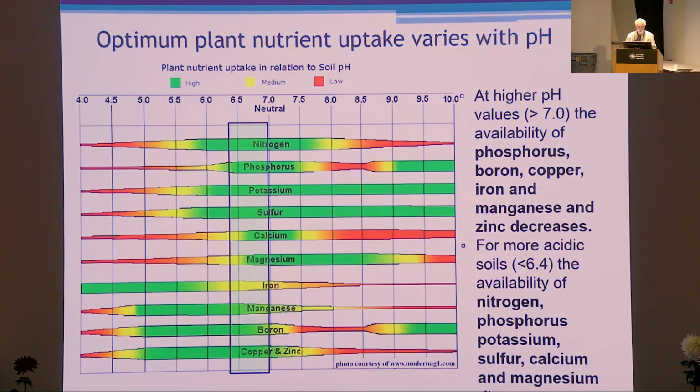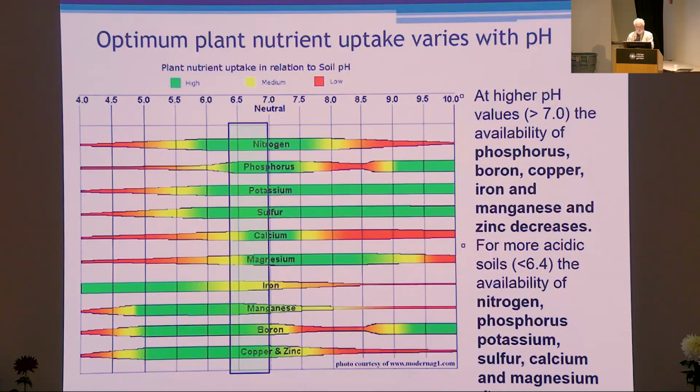If you look at this graph, these are basically listed from top to bottom are these different nutrients, primarily the macronutrients at top, the micronutrients on the bottom. Green means that this is the range of pH where those nutrients are best and most easily absorbed by the plant. And you can see for the vast majority of those macro and micronutrients, a pH between 6.5 and 7.5 is pretty much in the green area.